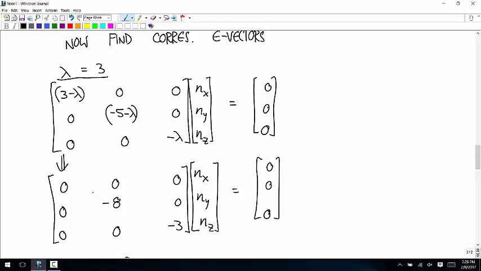So the 3 is the traction on the face with an outward facing normal either in the positive x direction or the negative x direction.